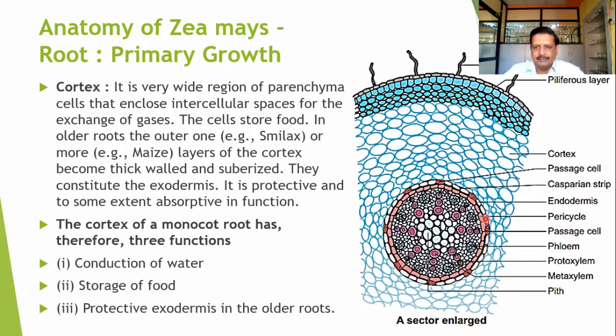Then the pericycle: the endodermis is immediately followed by barrel-shaped, slightly elongated, normally blue stained cells. They are the pericycle. Inside the pericycle, this central zone we can call the stelar zone, and in this stelar zone we find the phloem elements alternating with the xylem elements. This is the central portion which is known as the pith.